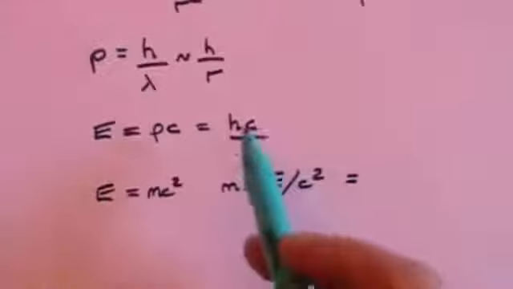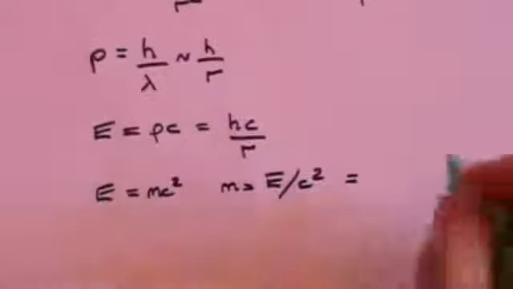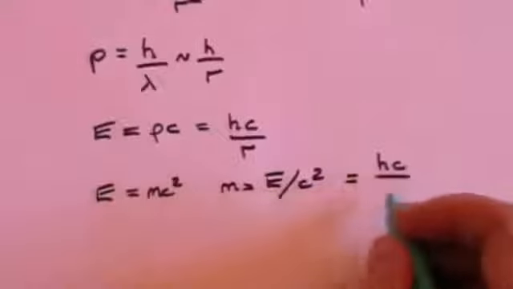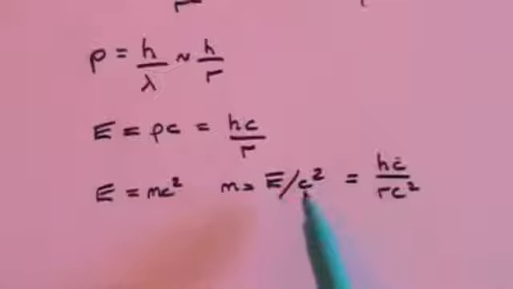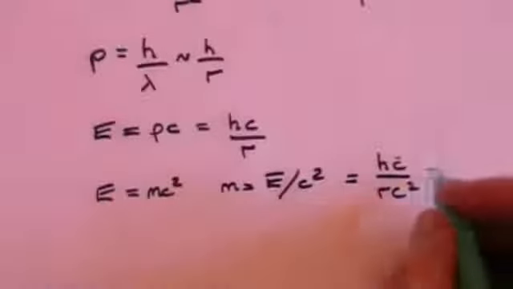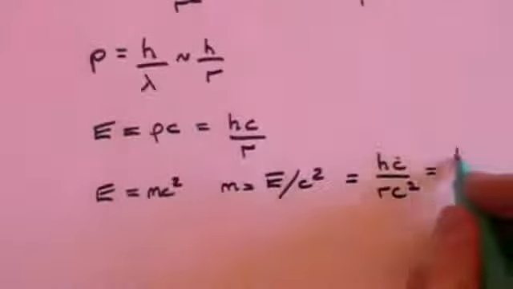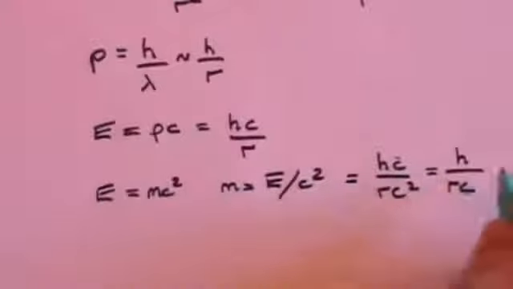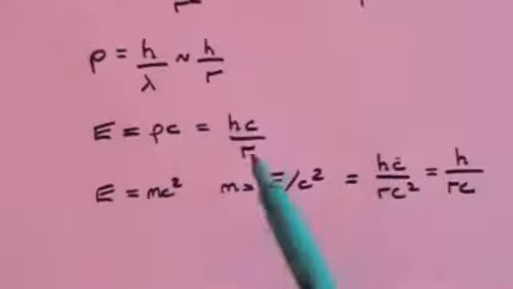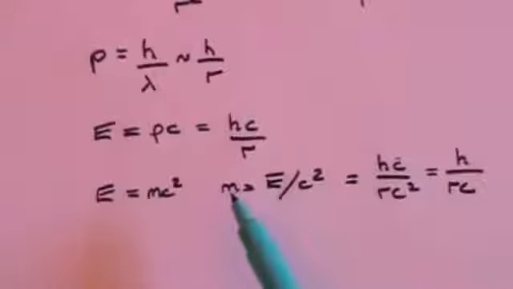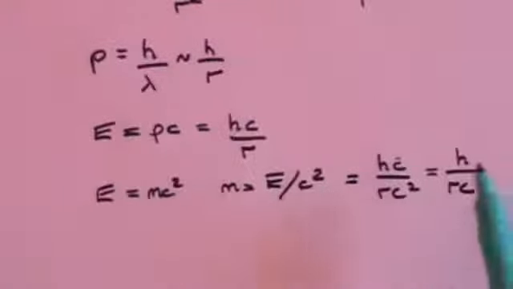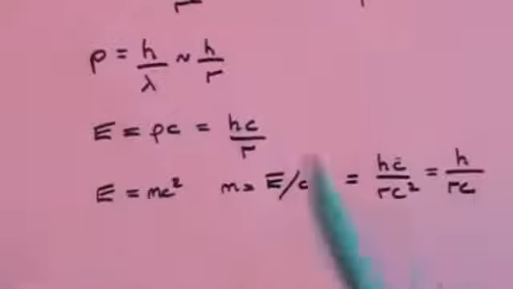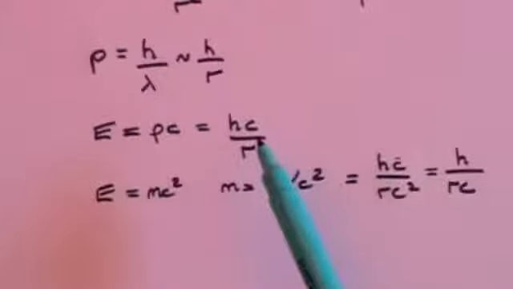Since E is hc over r, that is hc over r c squared, which is equal to h over rc. So the mass of, let's say, the electron is E over c squared, which is h over rc.